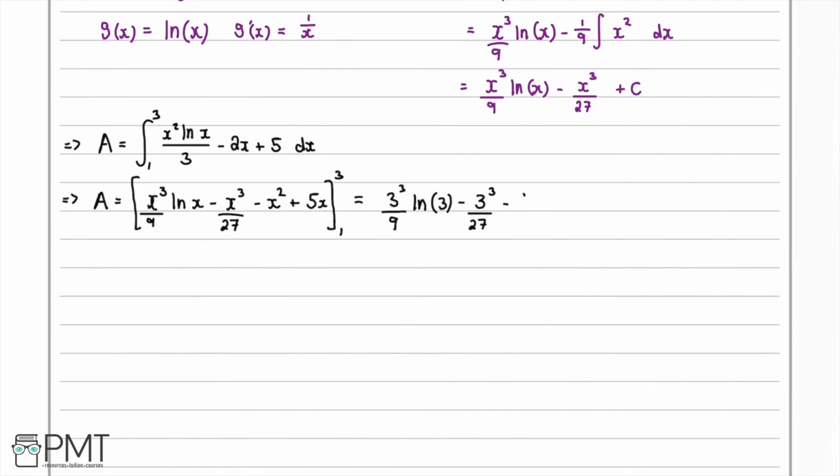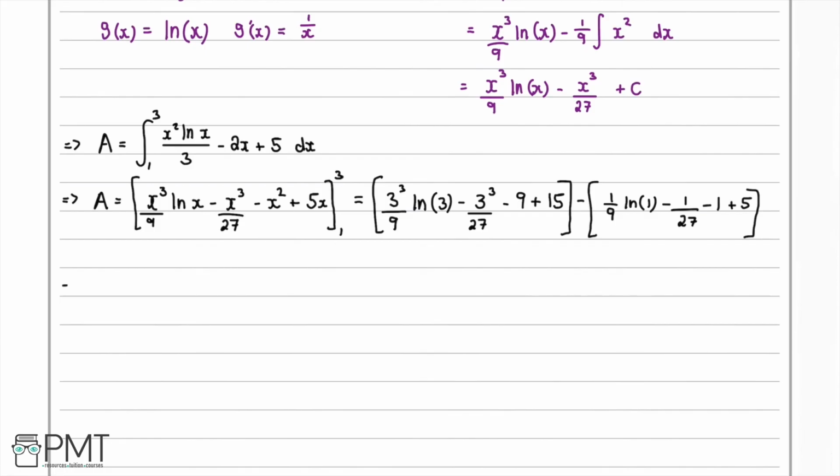And then we add 5 times 3, which is 15. Then we'll put our square brackets in here just so we can keep track of things. And then we're going to subtract the same, but with 1 substituted in for x, which is going to give us 1 over 9 ln of 1. And then we're going to take away 1 over 27, and then we'll have subtracted 1 and plus 5.